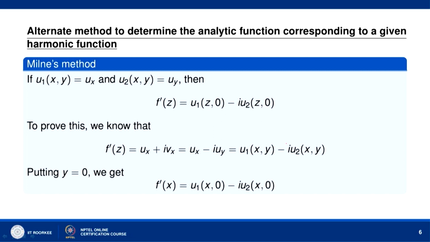Now, let us put y equal to 0 in this equation. If you put y equal to 0, then z is equal to x plus iy, which becomes x. So, f'(x) equals u1(x, 0) minus i u2(x, 0).